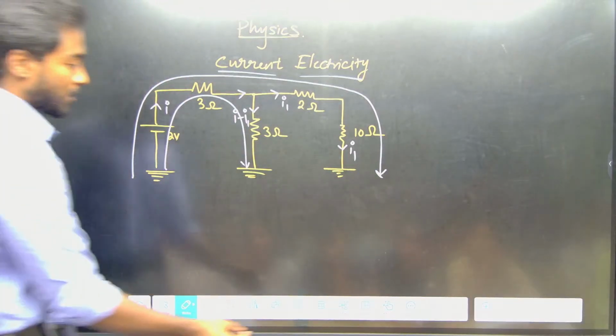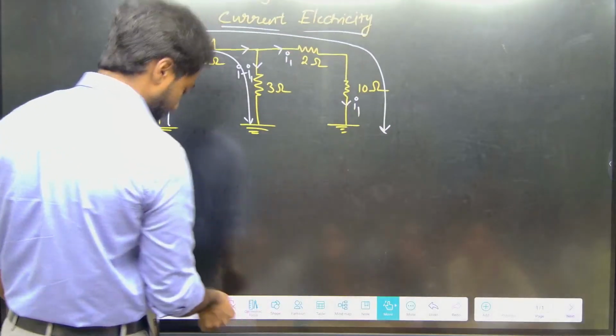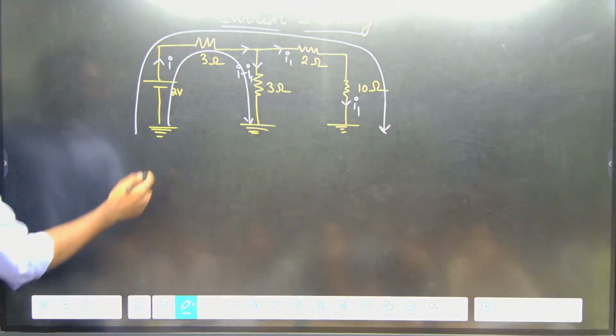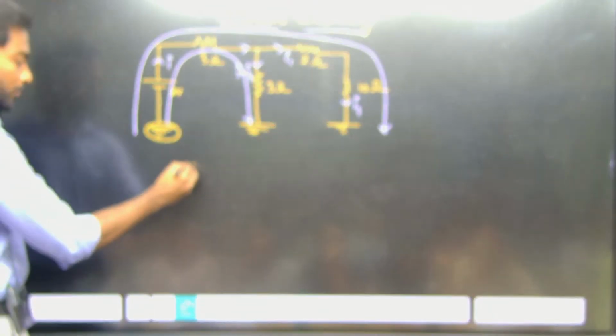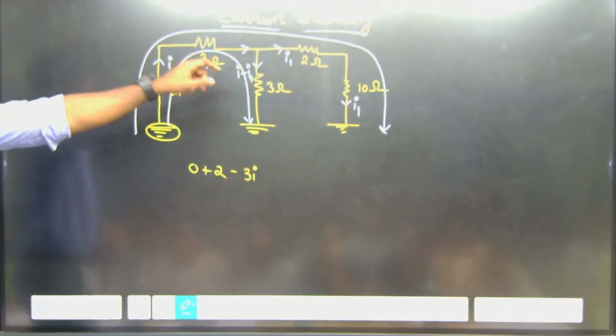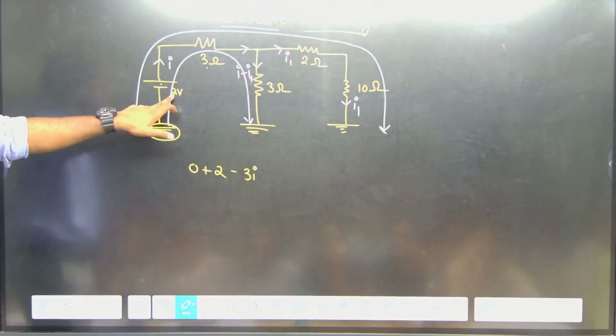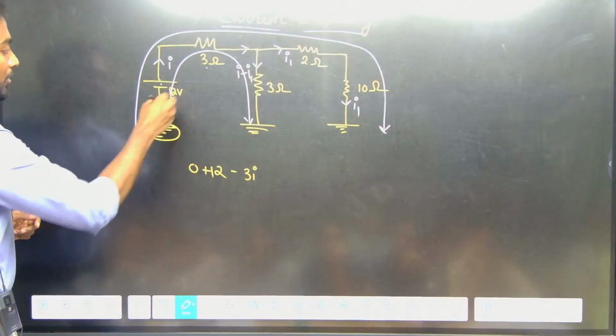So what will be the equation? Initially this is 0 volt, no? So 0, then this one plus 12, then minus 3i.